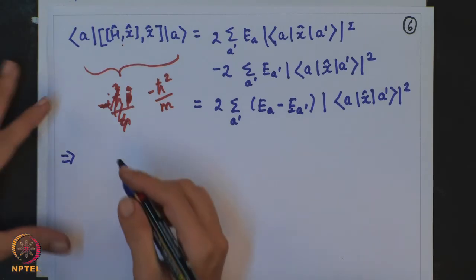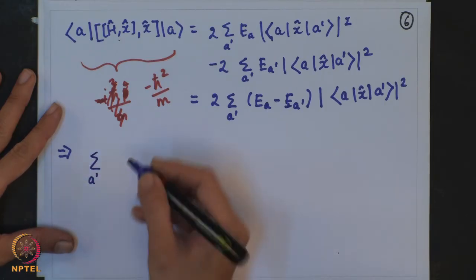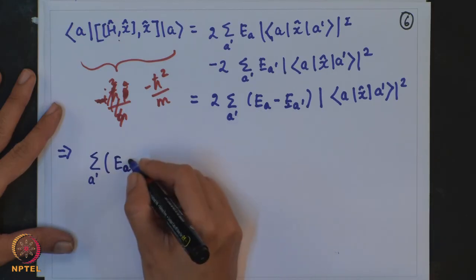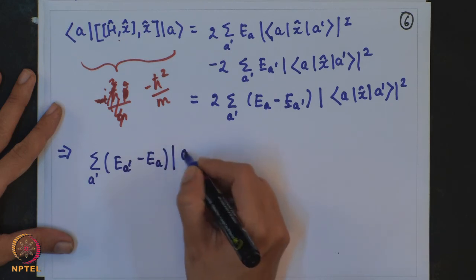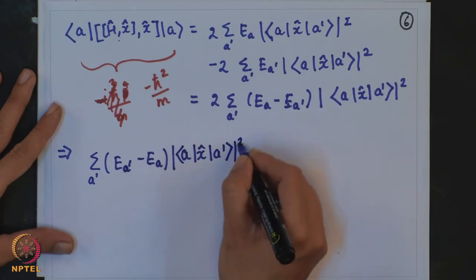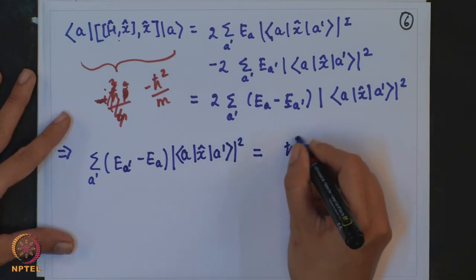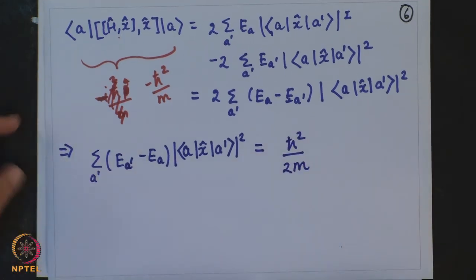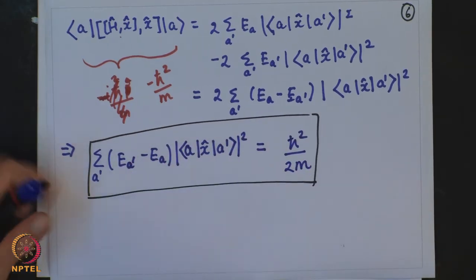Now, let me take this to my left. The quantity in the question, that is E prime minus E A times the square term, is equal to h cross square upon 2m. That is what you were asked to show. So, hence shown.